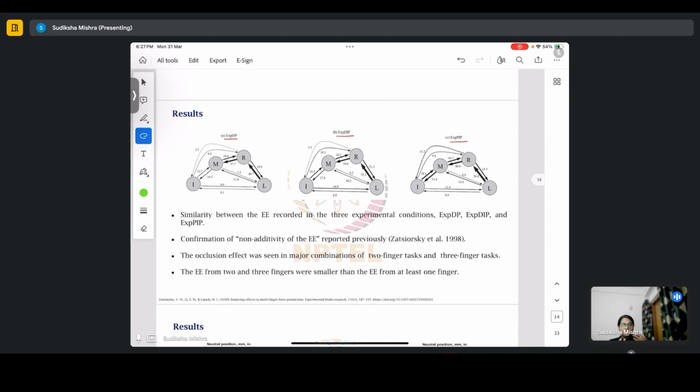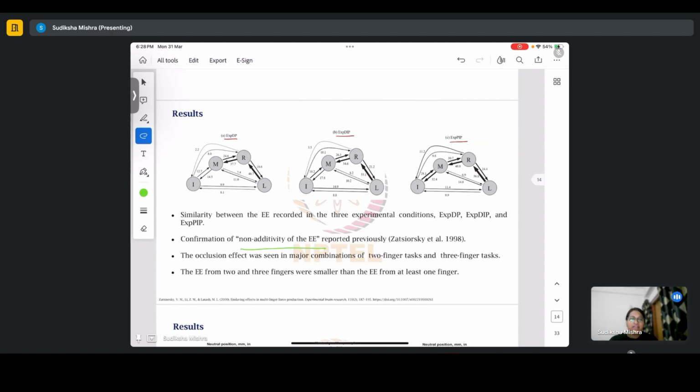So they recorded the enslavement effects in all the three experimental conditions, and they also confirmed the non-additivity in the enslavement effects, which was previously reported in the 98 paper.